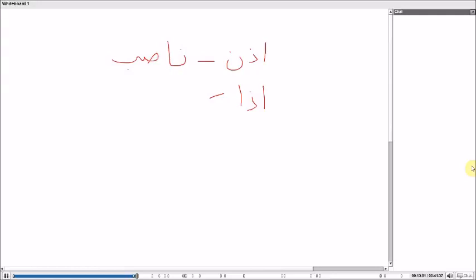But idhin can make the verb nasib, or it can make it jazm, or it can make it marfu'. It could just leave it marfu'. I wrote that wrong. Marfu'. Whereas idhin is always going to be from the mansubat.